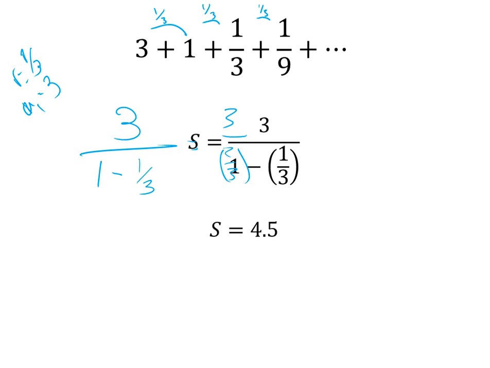So 4.5 would be the sum if you add up all these together. As you see, if we get the first couple, we're already pretty close to that. The next one would be 1 over 27, and then keep getting smaller and smaller. So the sum here would be 4.5.